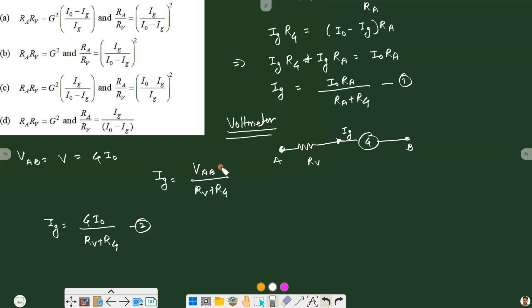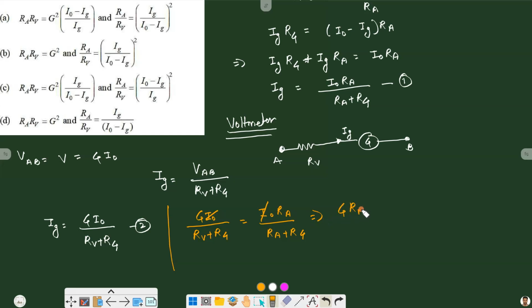Both these equations should be equal. So equating both of these, what do we get? We will get G I node divided by Rv plus Rg is equal to I node Ra divided by Ra plus Rg. So I node gets cancelled, then cross multiplication.